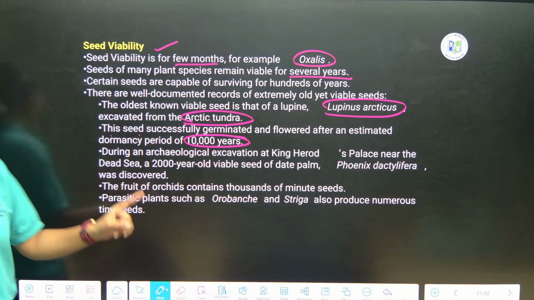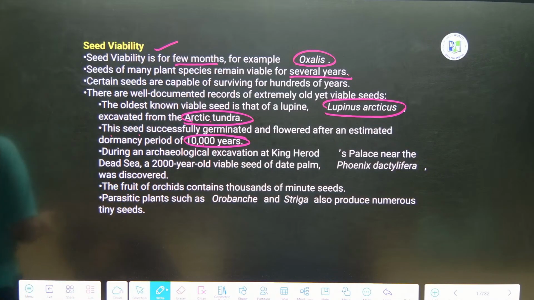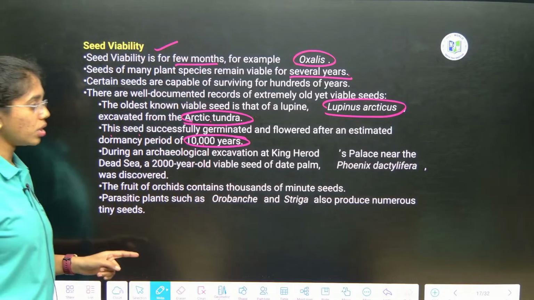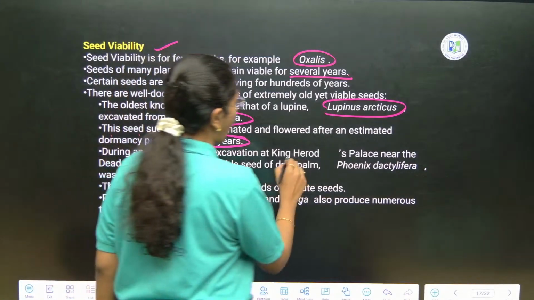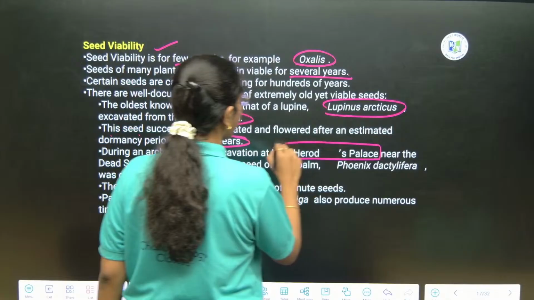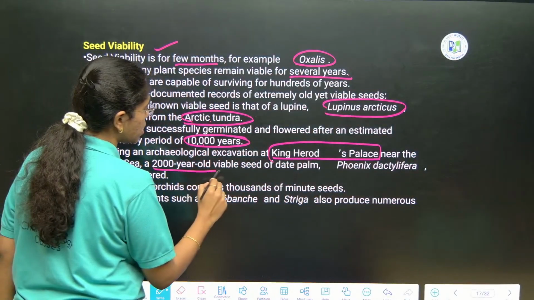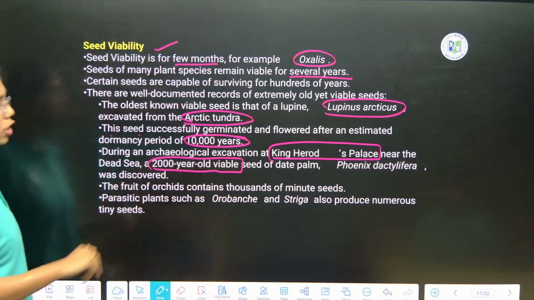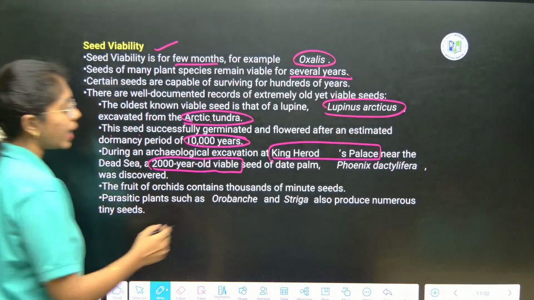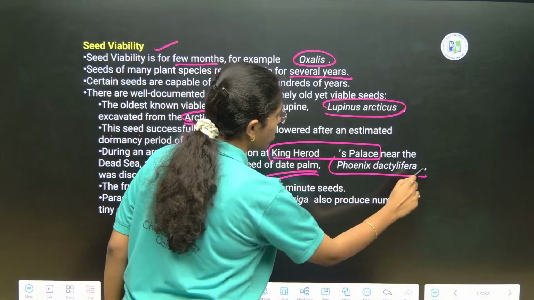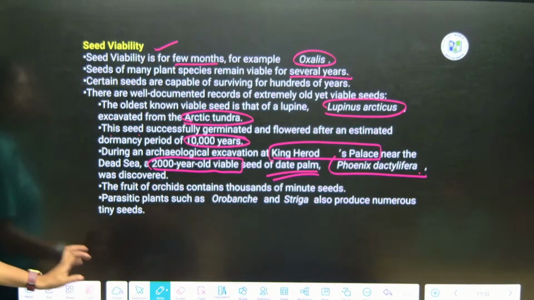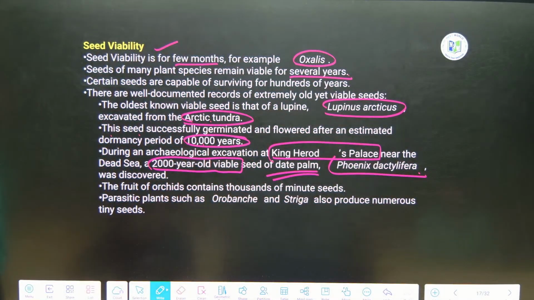And during archaeological excavation at King Herod's palace, at the Dead Sea, which is around 2000 years old, the date palm, whose scientific name is Phoenix dactylifera, was discovered. How much age old? 2000 years old viable seed.